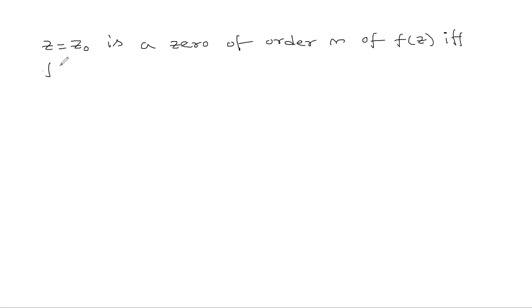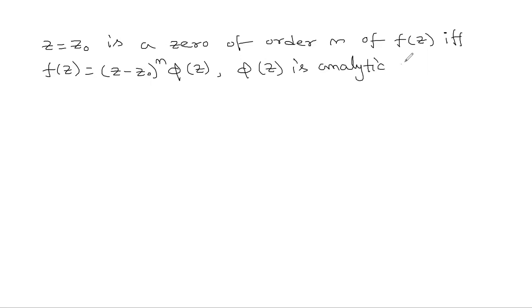Now we have already seen from the last theorem that z equal to z0 is a zero of order n of the function f(z) if and only if we can write f(z) as (z minus z0) to the power n into phi(z), where phi(z) is analytic in the neighborhood of z0, and phi(z0) must be not equal to 0.